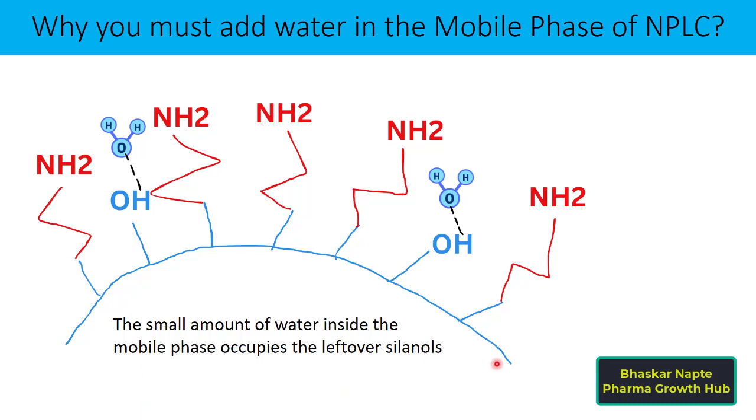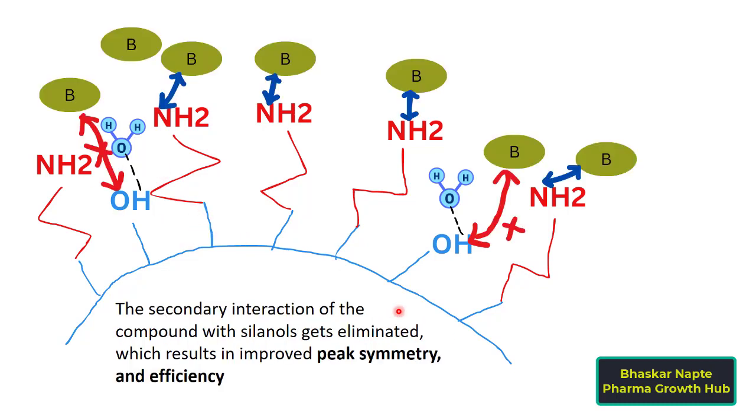So if you deliberately add a small amount of water, maybe 0.5% or 1%, in your mobile phase, this water is going to occupy these free silanol groups. Because these free silanol groups get occupied with water, they will not be available for interaction with your analyte. And because of that, your secondary interaction gets completely eliminated.